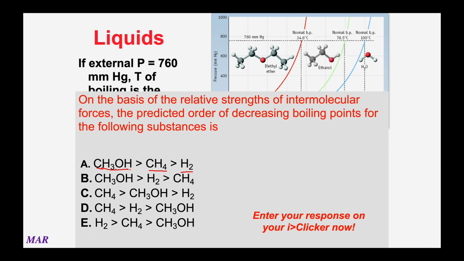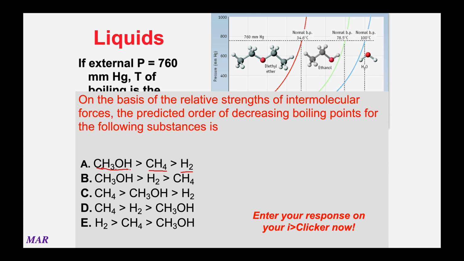It's going to be more like ethanol in that graph up there. CH4 and H2 are both non-polar. CH4, if you draw out the Lewis structure, is a carbon in a tetrahedral form with hydrogens all around. So it's symmetric, it's non-polar. And H2 is literally 2 hydrogens together. That's also non-polar. So both CH4 and H2 exhibit induced dipole forces.